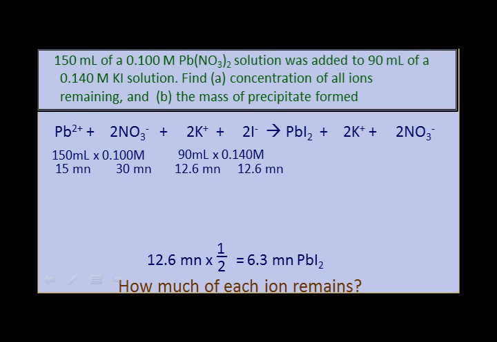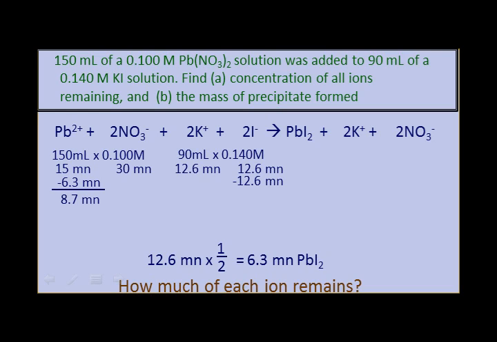And if you're going to produce 6.3 millimoles of plumbous iodide, and you subtract 6.3 millimoles of plumbous ion from the 15 millimoles that you have, this tells you you have remaining 8.7 millimoles of plumbous ion running around in the solution. Okay.